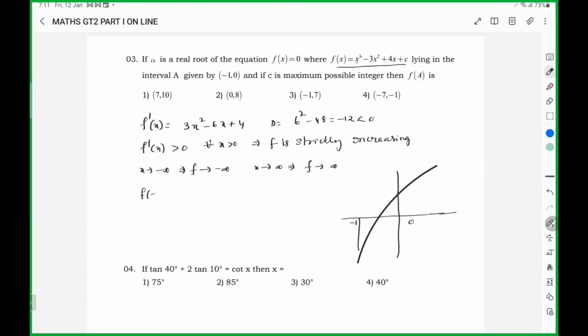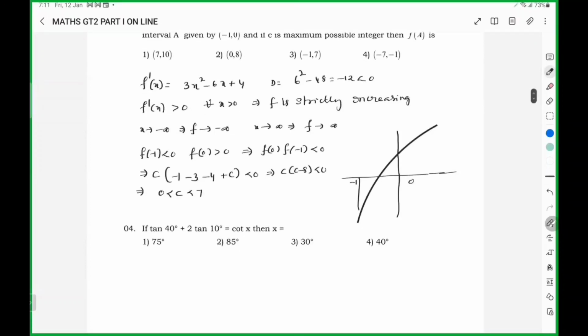So at -1 it is negative, at 0 positive. f(0) into f(-1) is negative. f(0) is c, and f(-1) is, if you substitute -1, -3, -4 plus c, that is c minus 8. So c into (c minus 8) is less than 0, which means c lies between 0 and 8.